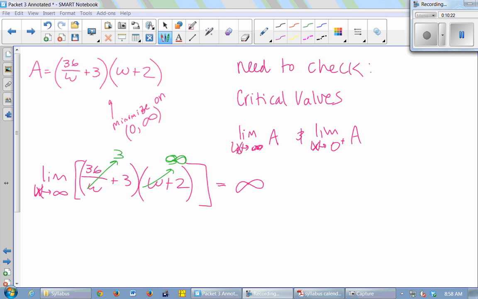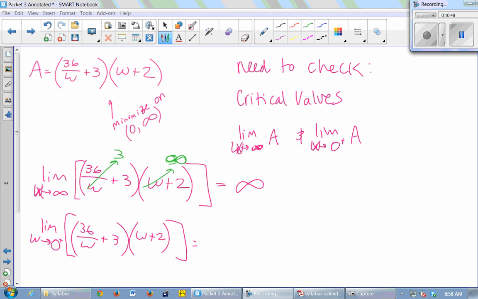And then let's see what happens as I make my width smaller. The limit as W goes to 0. Okay, 36 over W. As W goes to 0, what happens to 36 over W?